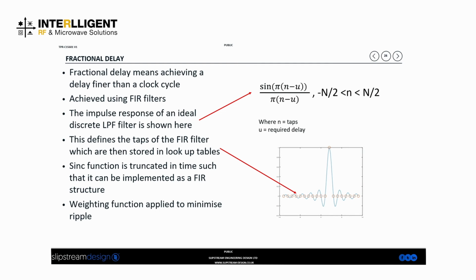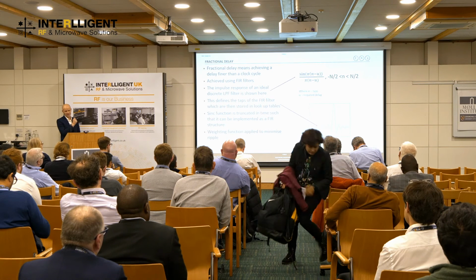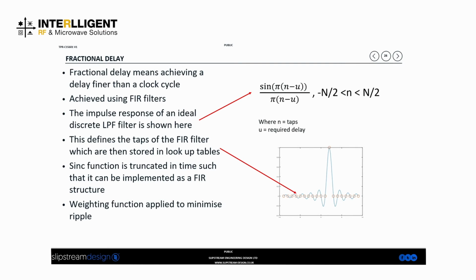So we need to think about it in the time domain. A fractional delay, as I've said, really means achieving a delay finer than a single clock cycle, and we achieve this using finite impulse response filters. As we see, the equation here is really just the equation of a sinc function, and that sinc function is what we need to effectively program into the taps of the FIR filter.